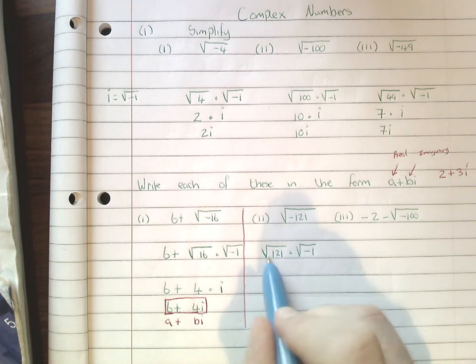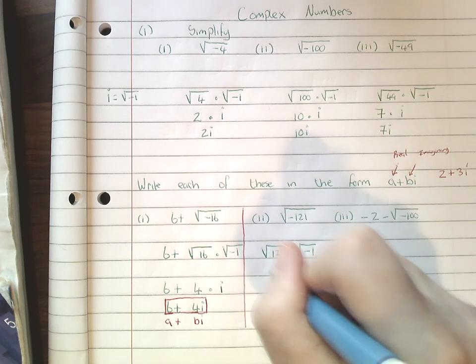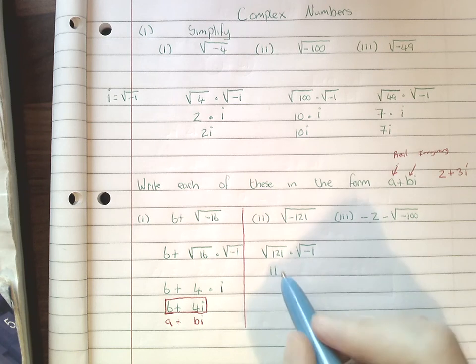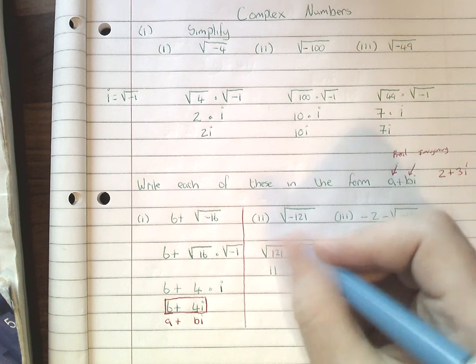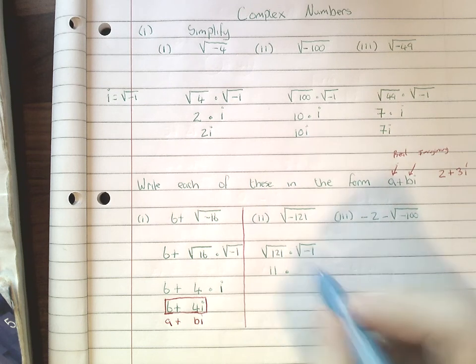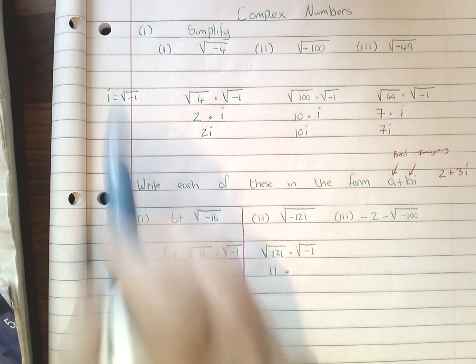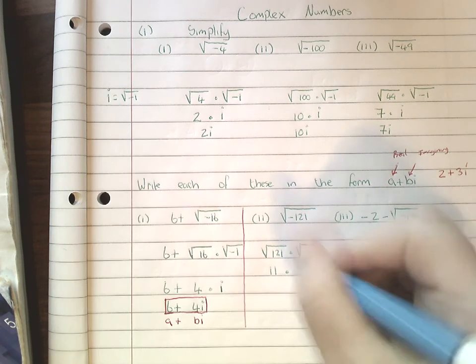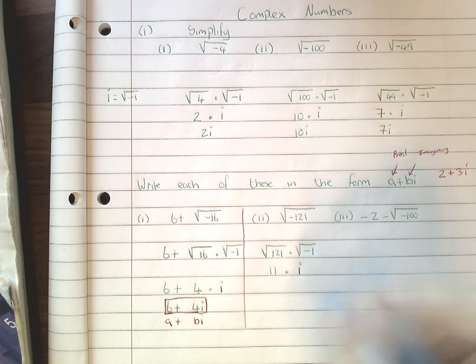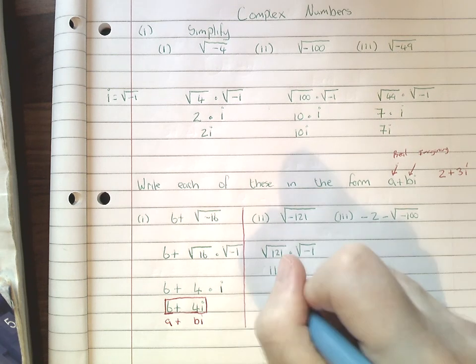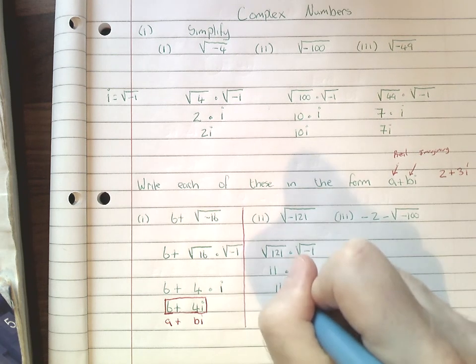The square root of 121 is equal to 11, because 11 multiplied by 11 is 121, times, and remember we can write the square root of -1 just as I. Okay, and then this is 11 multiplied by I, which is equal to 11I.